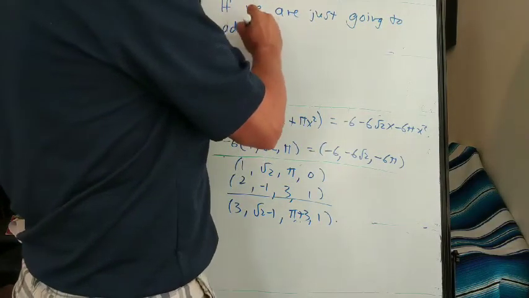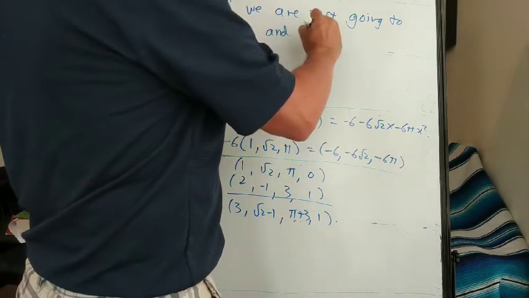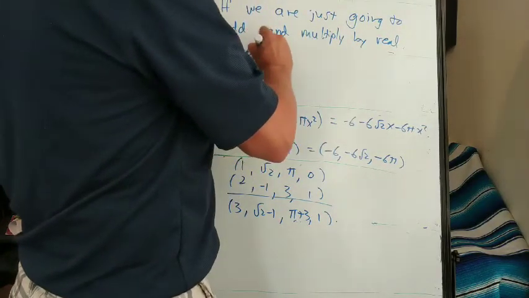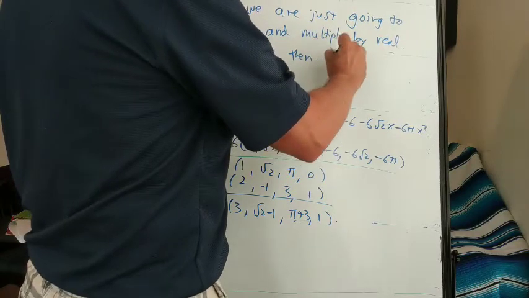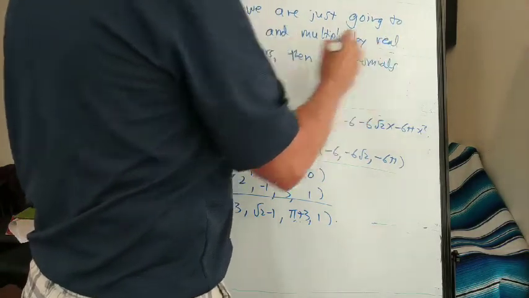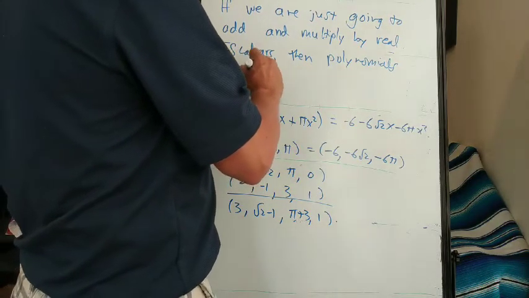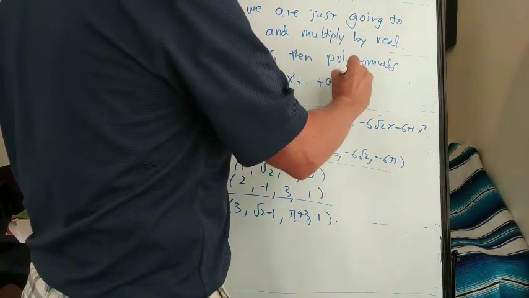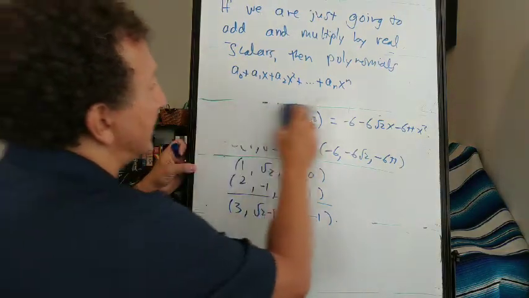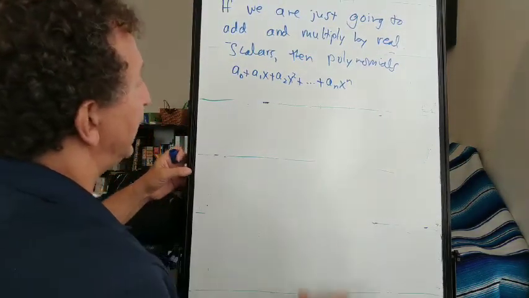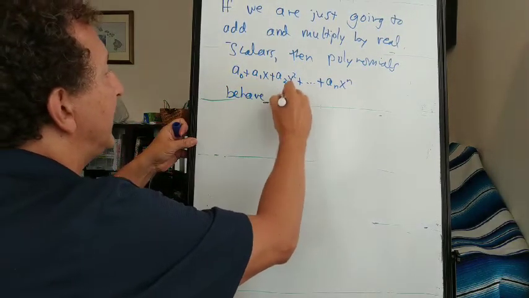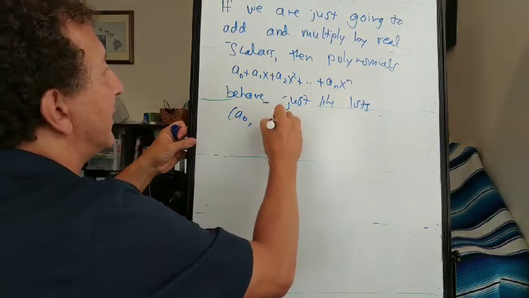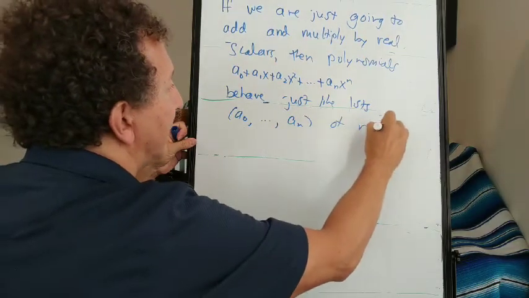So if we're just going to add and multiply by real scalars, then polynomials, let's say a0 plus a1 x plus a2 x squared, etc., let's say this polynomial has degree n, polynomials like that behave just like lists a0 through an of real numbers.